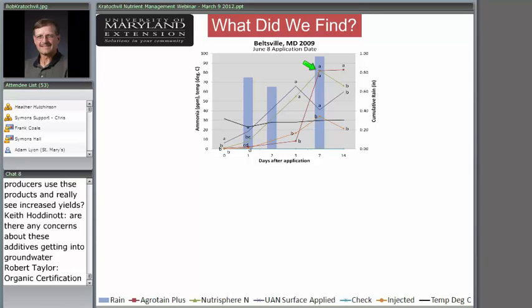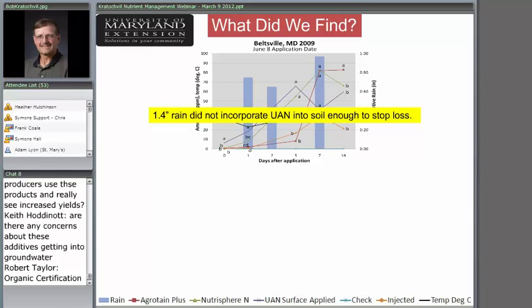Now, the very interesting thing that occurred, and I want to point out these blue bars that I have here, those are rain events that occurred. We had rain events on days 1 and day 2 that totaled nearly 1.4 inches. This was a sandy loam site.